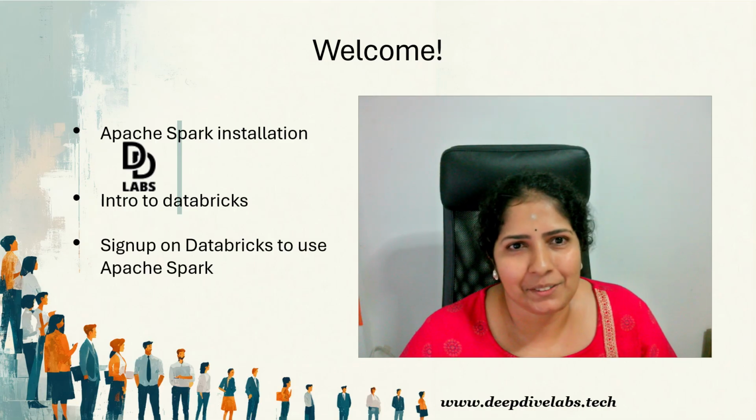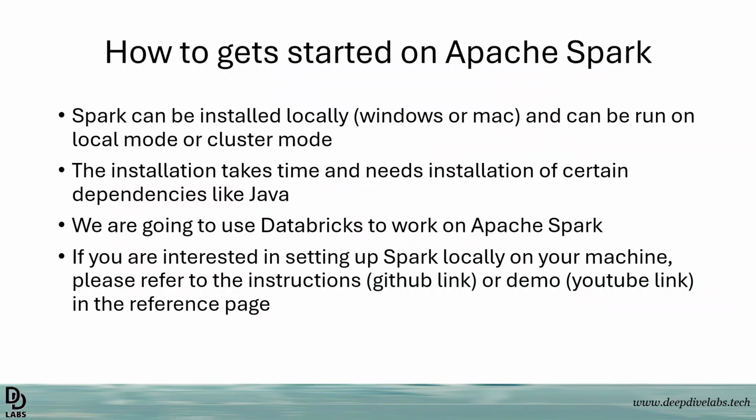Let's get started. So how to get started on Apache Spark? Spark can be installed locally, be it on Windows or Mac, and can be run in local mode using only a single machine, or in cluster mode. The installation takes time and needs installation of certain dependencies like Java, etc. So in our course, we are going to use Databricks to work on Apache Spark.